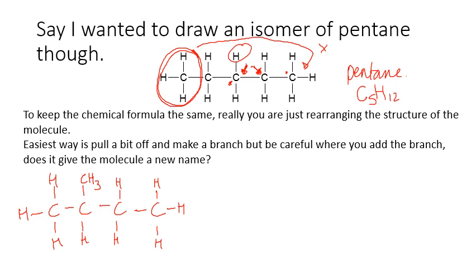Well, the longest chain is 1, 2, 3, 4, or 1, 2, 3, 4. Right? No matter which way I draw this, I'm going to have 4 carbons as my longest chain. So therefore, it's going to be called butane.